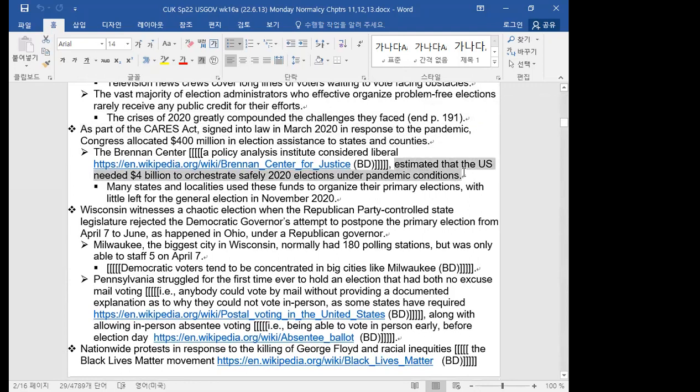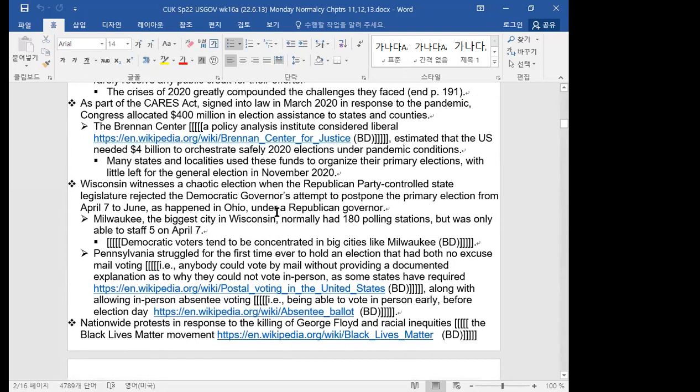But that's far short of what they needed. They needed, according to the Brennan Center, a non-governmental organization, a left-wing center, an estimated $4 billion to orchestrate safely the elections under pandemic conditions. And many of the states used this money for the primary elections, which meant that there was not much money left over for the November general election.